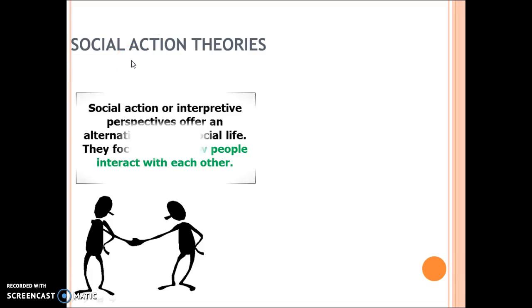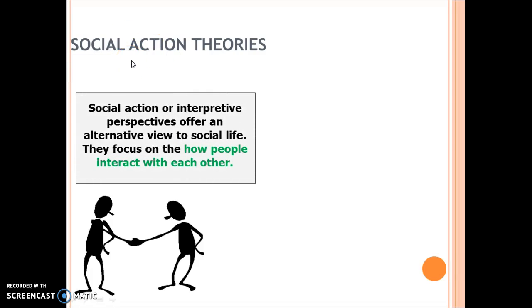So social action theories are an interpretive perspective that offer an alternative view of social life. This is in comparison to the functionalists and the Marxists, who use the social systems approach and look at society as a whole. These, on the other hand, are more on the individual level, focusing on how individuals interact with one another.